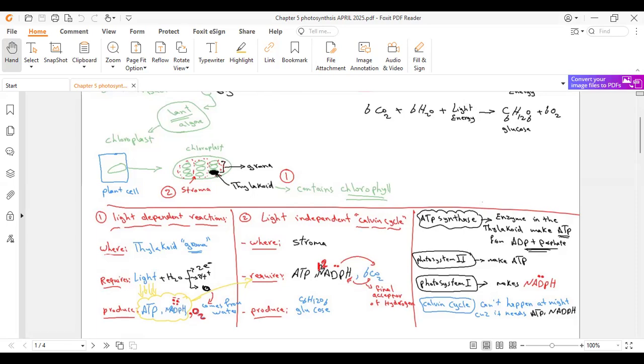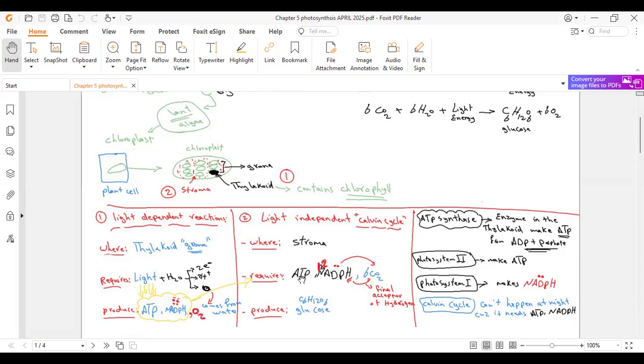Then the most important question in the previous session: we said light-independent reactions cannot happen at night. Although the light-independent reactions don't need light, they require the energy of the ATP and the NADPH produced in the light-dependent reactions.